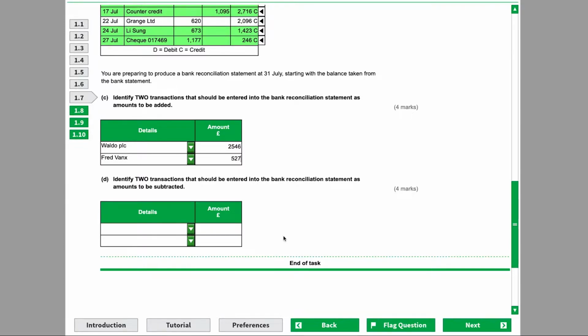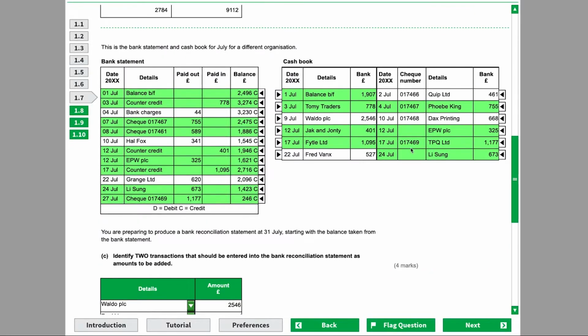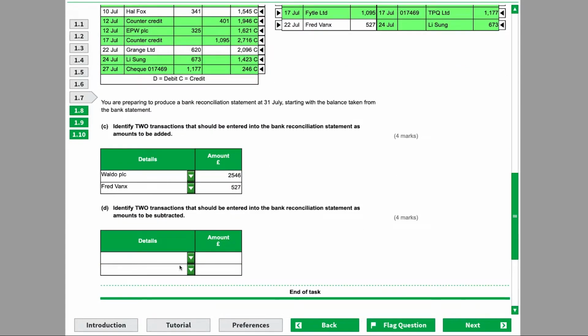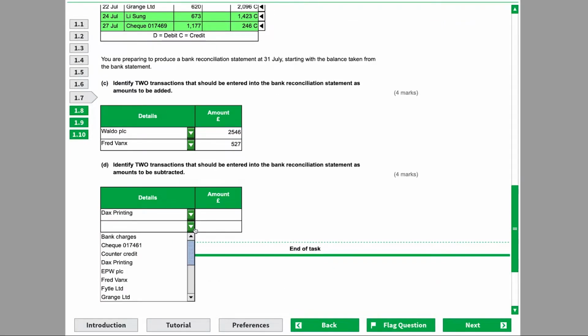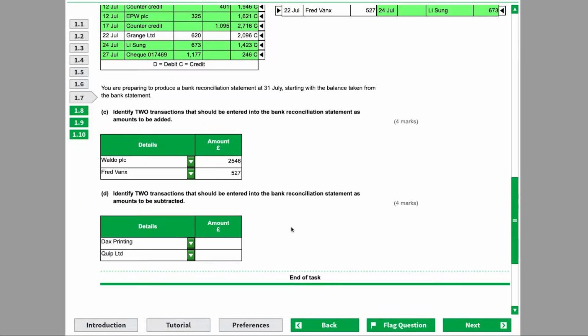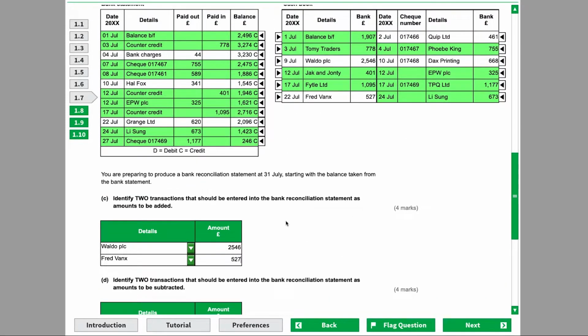Again, we only have two options to choose from here, so we've got Quip Limited and DAX Printing. So let's enter those two in. So we've got DAX Printing and Quip Limited. Let's make sure we get the amounts right here.